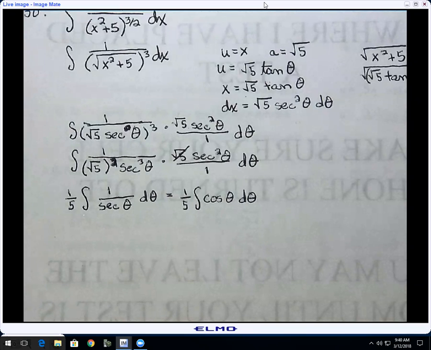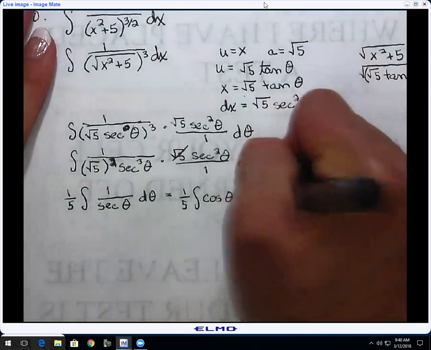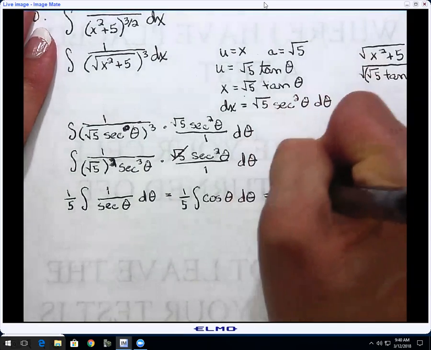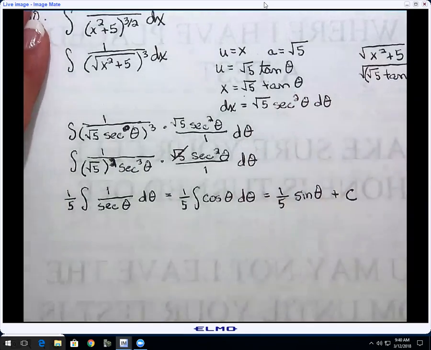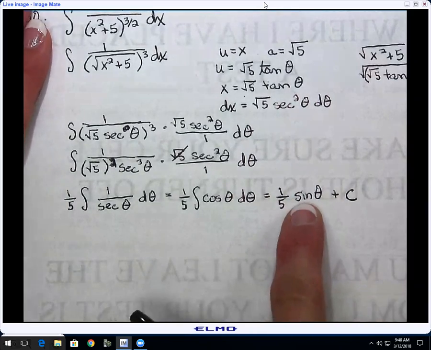Secant and tangent, when you integrate them, go into natural logs. But cosine doesn't. Everything except sine and cosine goes into natural logs. Yes, that's right. So this is 1/5 sine theta plus a constant.